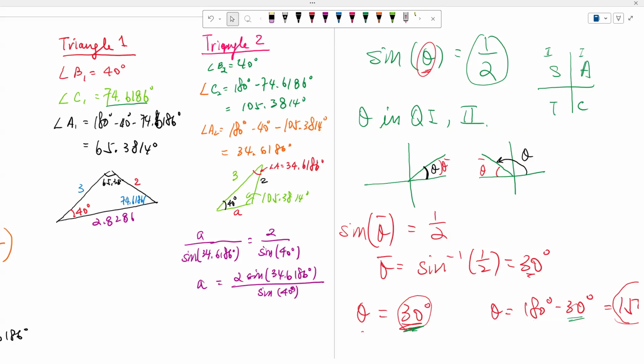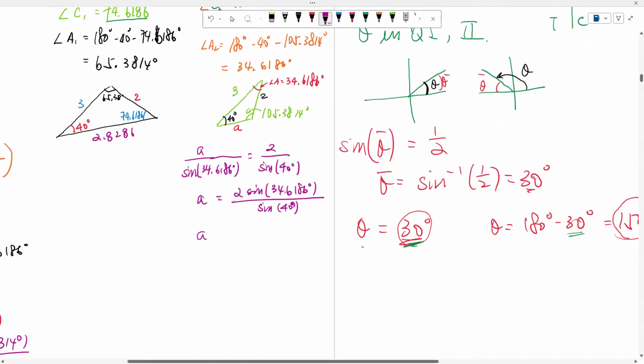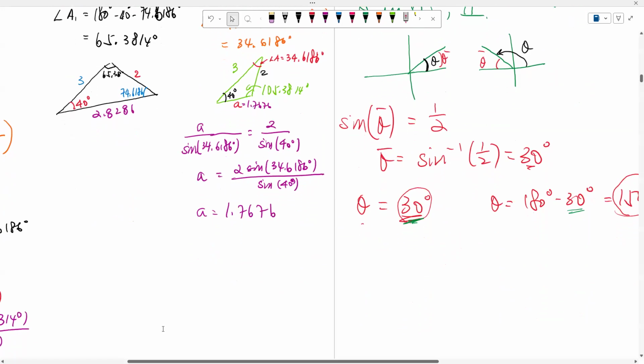Okay. And then we find out that A is equal to 1.7676. Okay. This is exactly what happened here. So therefore, in this case, again, to this problem, we have two triangles.